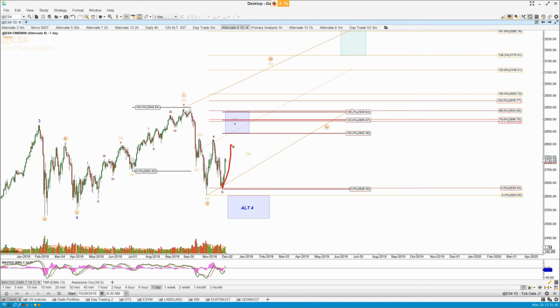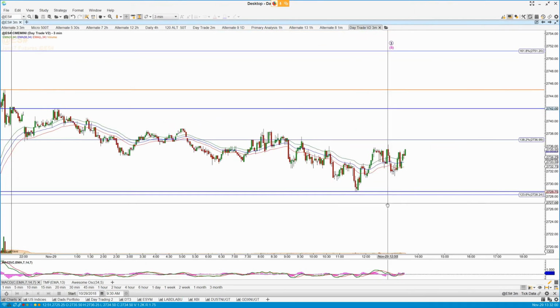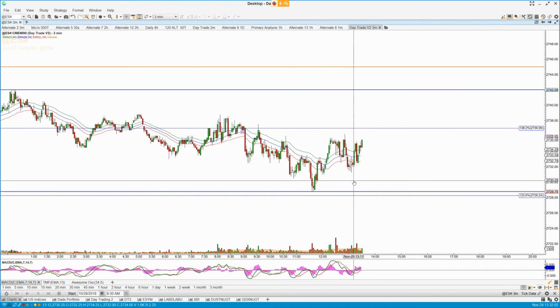So it's a case of, do we get a 1, 2, then a 3, 4, 5 for this C of 3? Or do we get an A, B, C into this zone here and then come down like that? So on the bigger picture, those are the things I'm looking for in the ES and other markets.